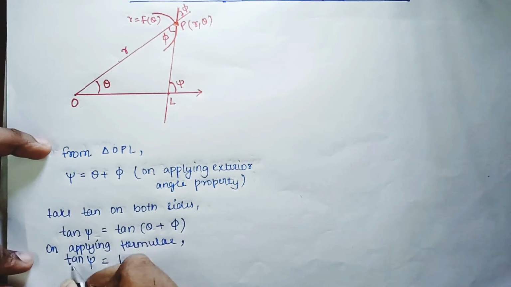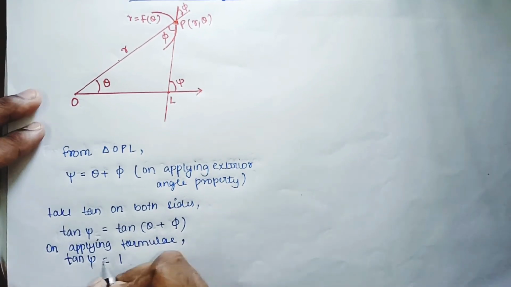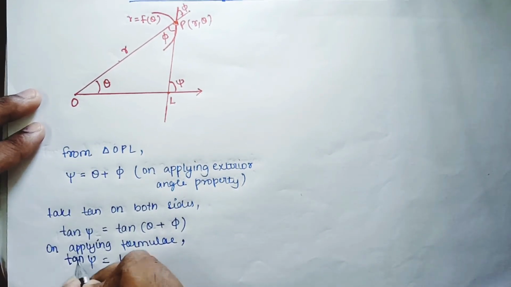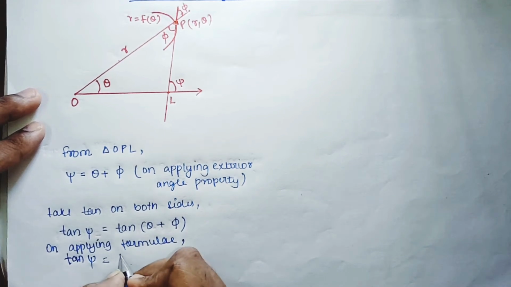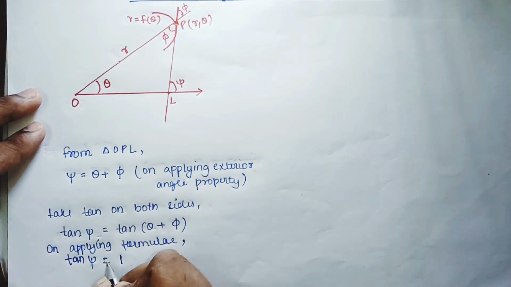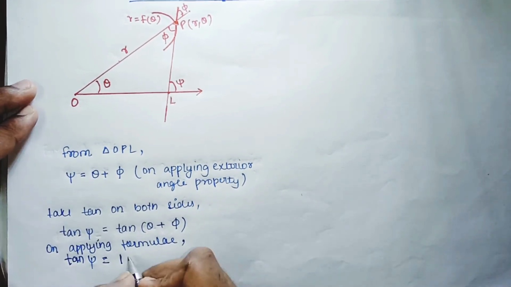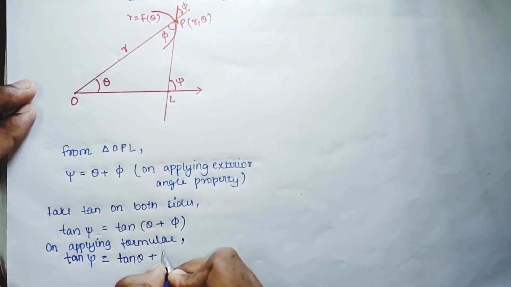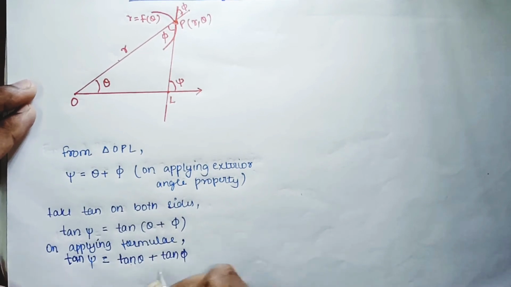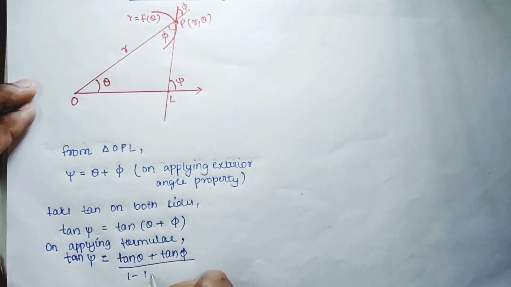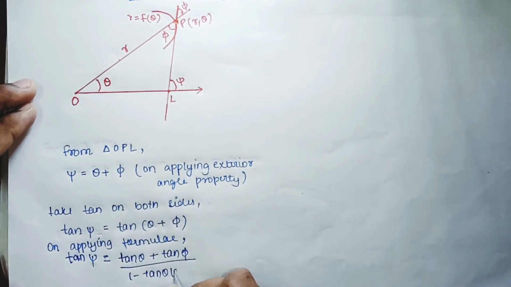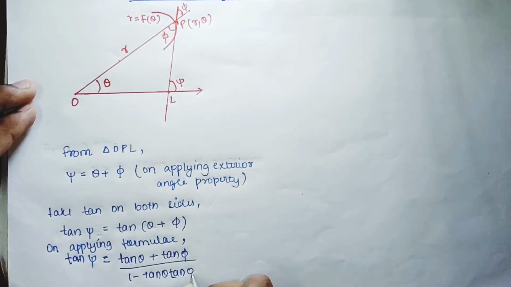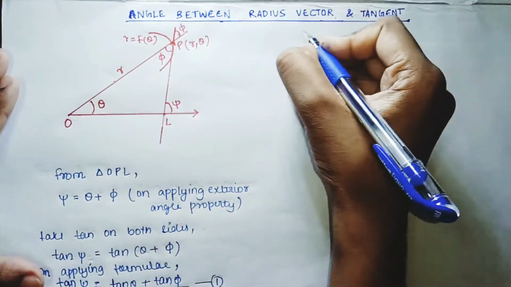It will give a proper impression on the teacher. Now tan psi is equal to tan theta plus tan phi upon 1 minus tan theta tan phi.